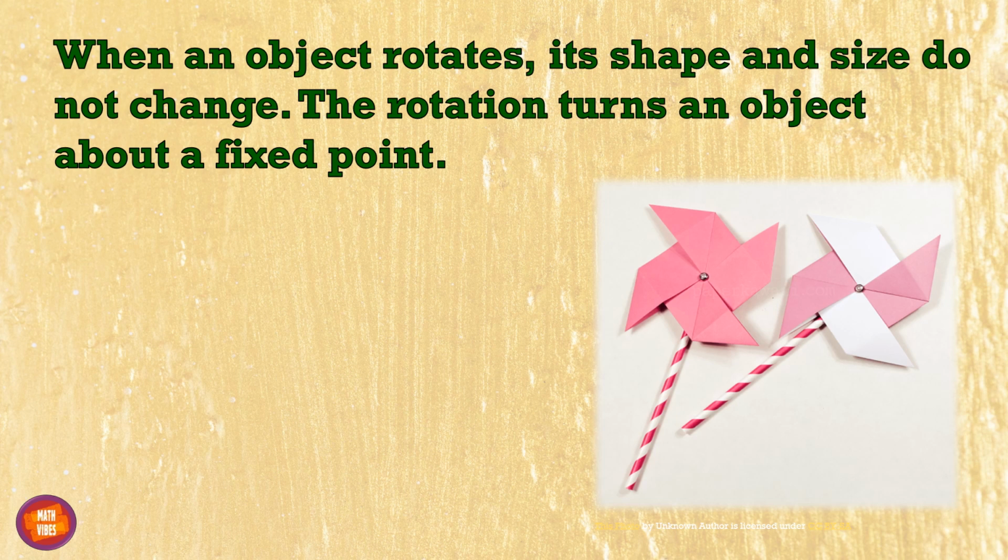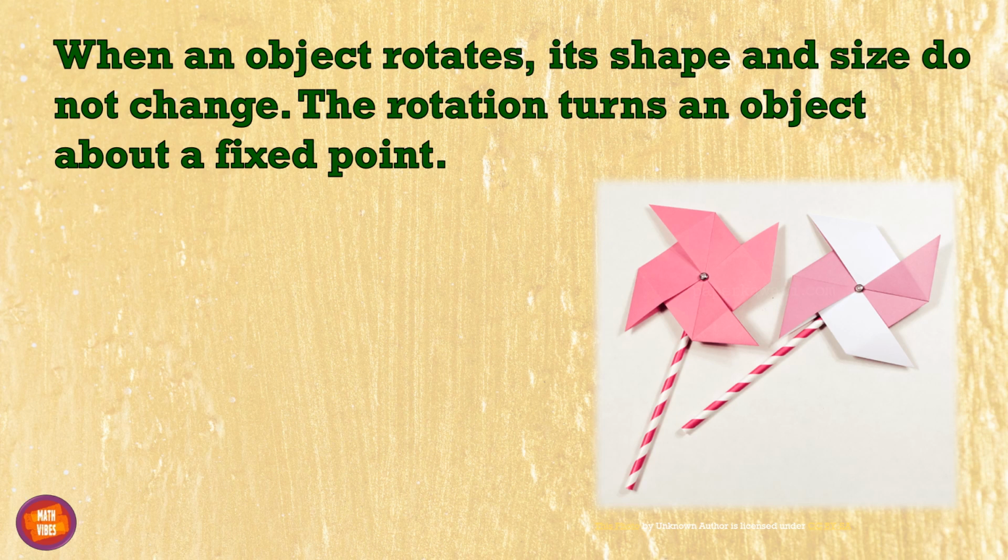The rotation just turns an object about a fixed point. सिर्फ कोई भी object जो है वो rotate होता है और रोटेट होके एक पर्टिकुलर एंगल में वो पिछली वाली पोजीशन से मर्ज कर जाता है. Okay, so it appears to be same. That is why it is rotational symmetry.